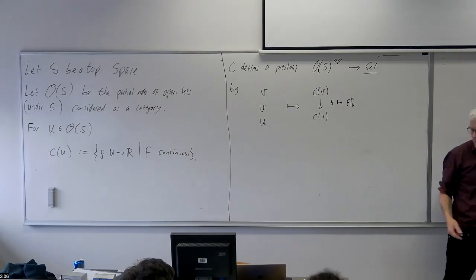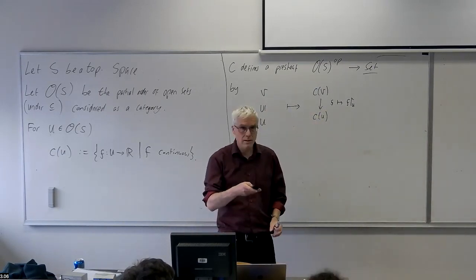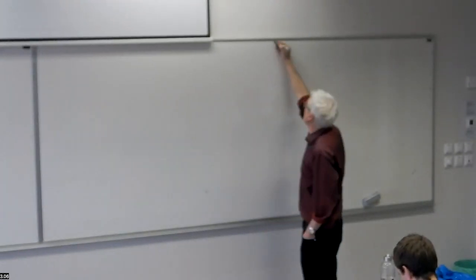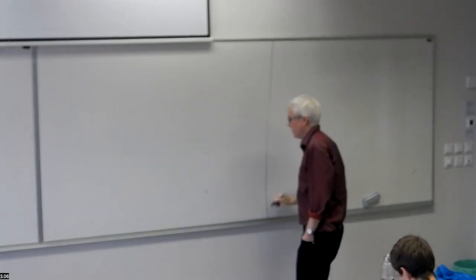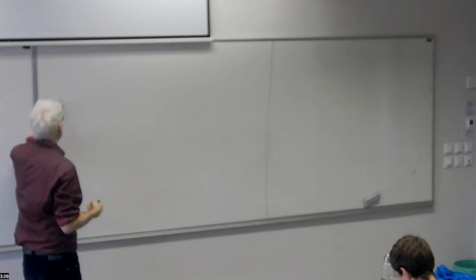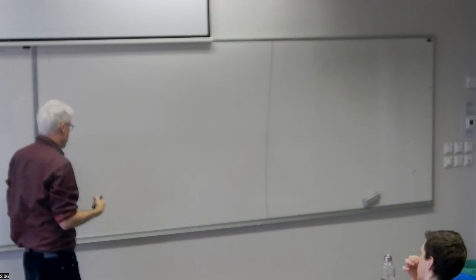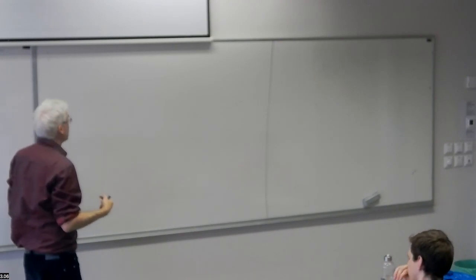So let me write that down in mathematical detail. It's a little bit complicated to write down, but conceptually it's not so difficult what's going on. It's really amounting to this local property gluing the functions together.